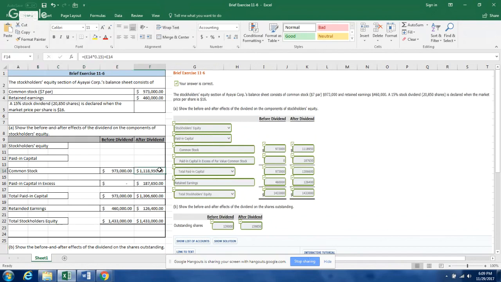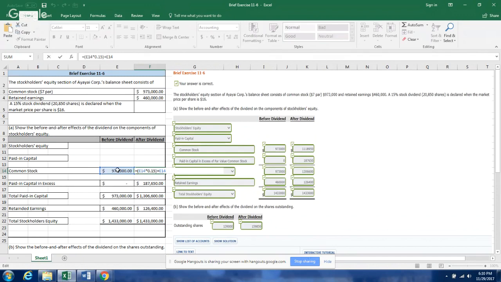So we know that there's 15% of the stock dividends that we have not calculated into our common shares. So basically what I did was I took our $973,000 and I multiplied it by our 15%, or 0.15, and then I added in the 973 again.